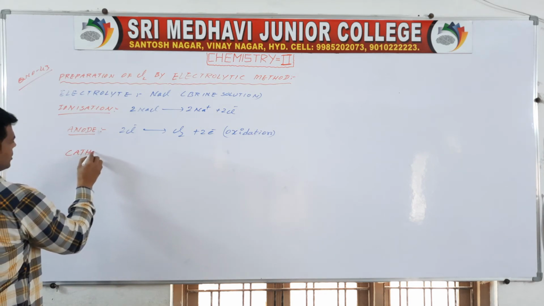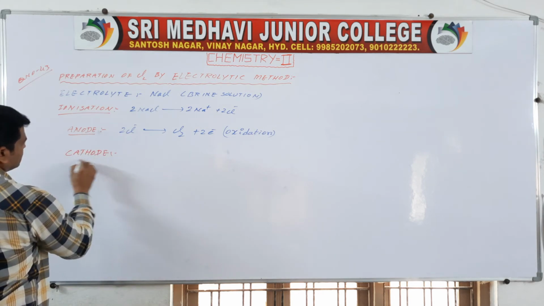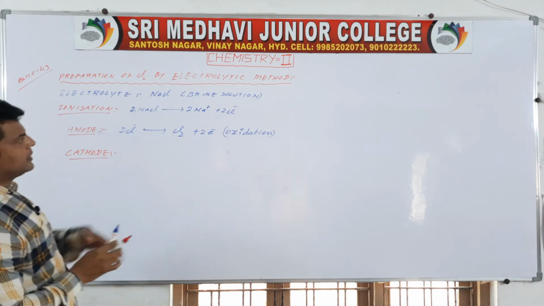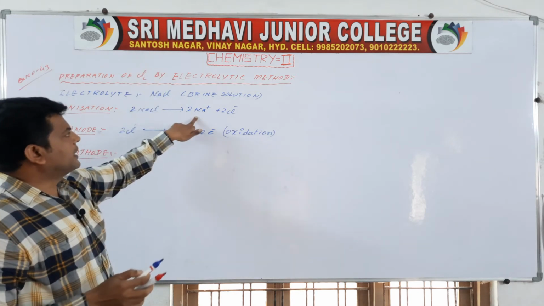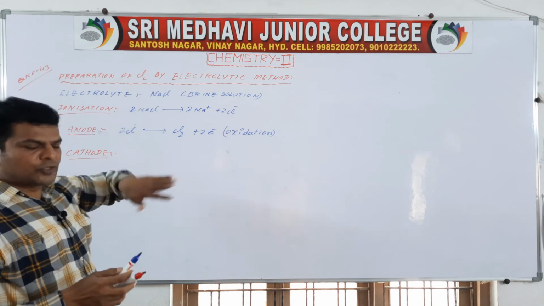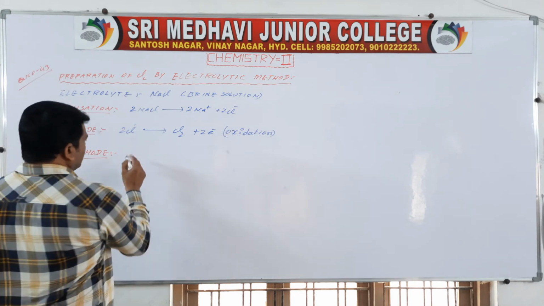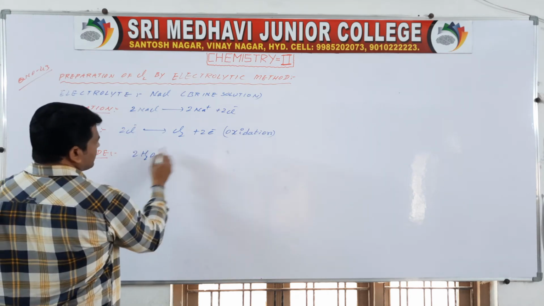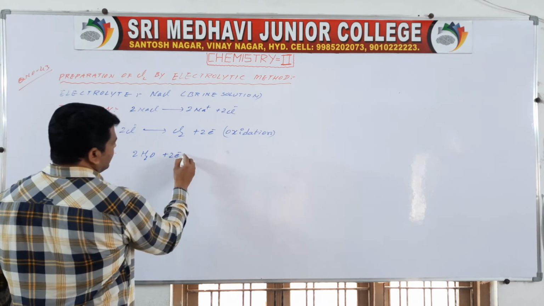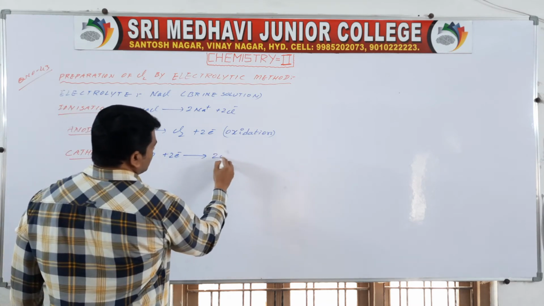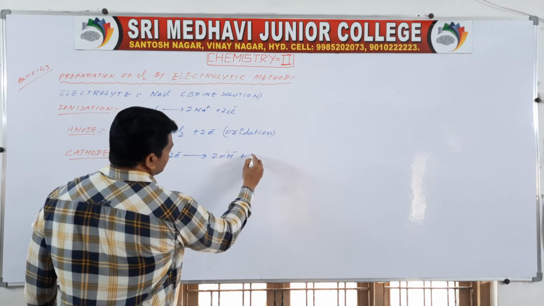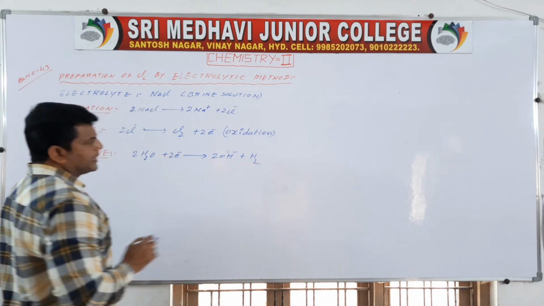Next, at the cathode, the NaCl solution contains water, so first water is divided. 2H2O, adding the electrons, gives rise to 2OH minus plus H2 gas.